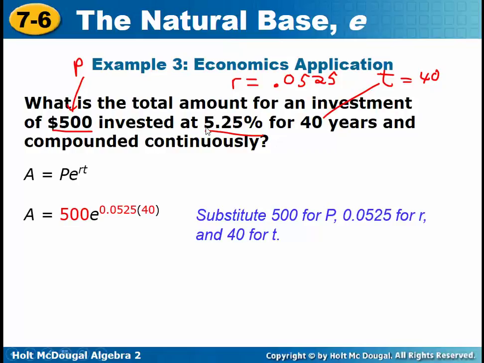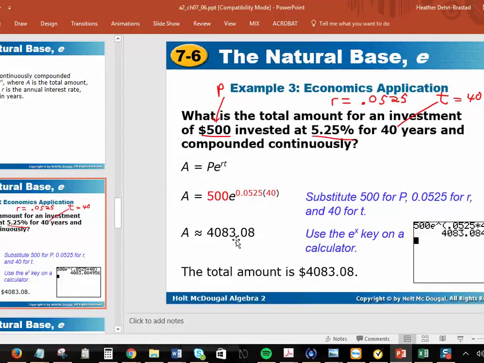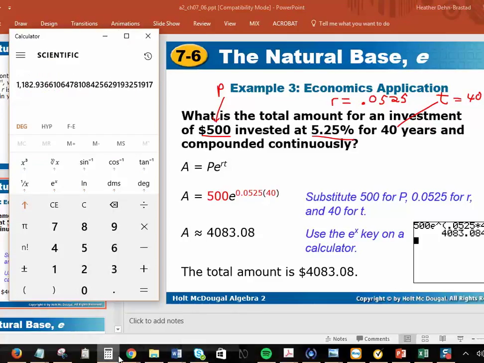I'm going to show you how to use my calculator right here. On your calculator, you have to be very careful. The first thing that you want to do is figure out 0.0525 times 40. You want to keep all of those decimal numbers. Oh, it's only 2.1. That's not bad. Now we need to take e to the 2.1.